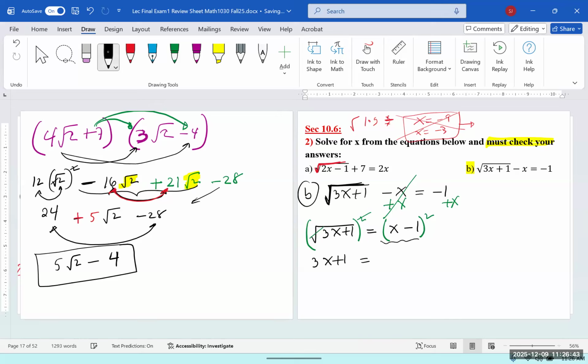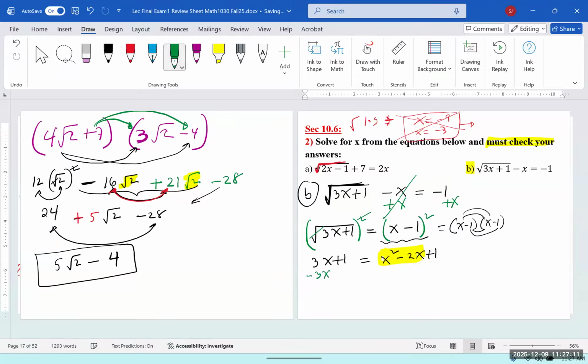And on the other side, it's not distribution, it's FOILing. x minus 1 times x minus 1. So you have to FOIL them out and you get x squared minus 2x plus 1. Anytime you see more than one x term, you should bring everything to one side.